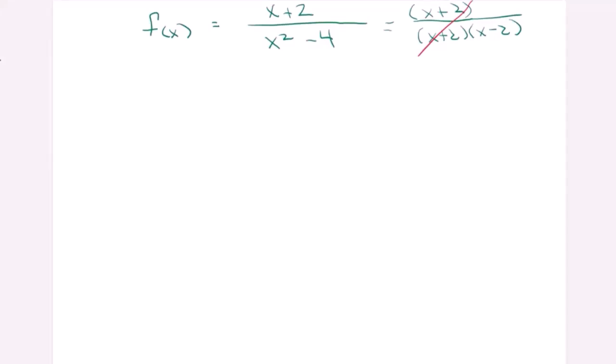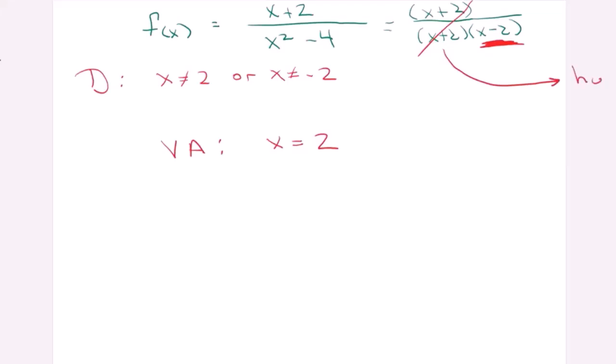The domain is still x cannot be 2 or x cannot be -2. And we could put this into interval notation if we wanted, but for the vertical asymptote, we only have one at x equals 2, because all we worry about is the factor that's left. This creates what we call a hole, which we will not talk about in this class.